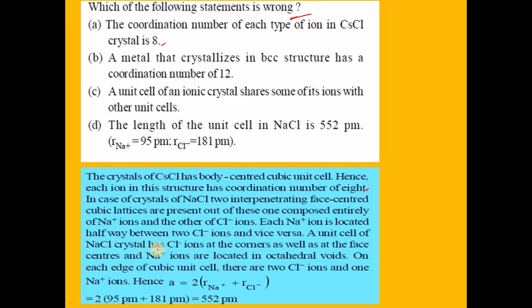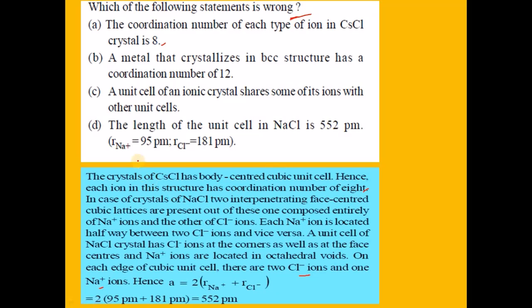A unit cell of NaCl has Cl- ions at the corners as well as the face centers, and Na+ ions are located in the octahedral voids. On the edge of the cubic unit cell, there are two Cl- ions and one Na+ ion. So the edge length a is equal to 2 times (r Na+ plus r Cl-).